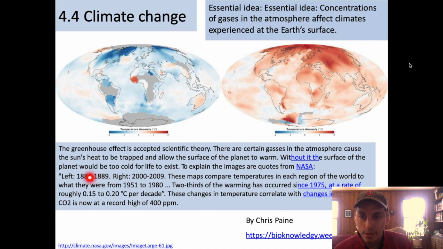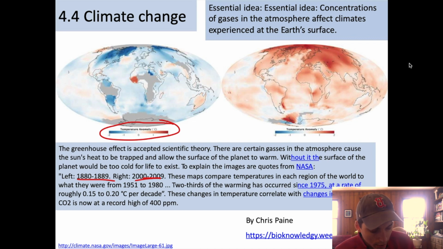If I look down at the bottom description, it says that the left represents 1880 to 1889, and the right represents 2000 to 2009. The colors, we can see from our scale, are the temperature anomalies.